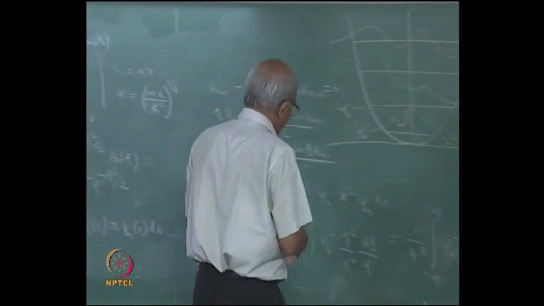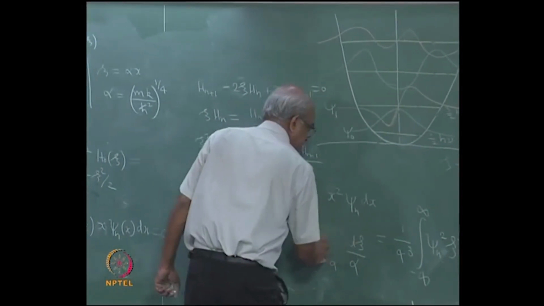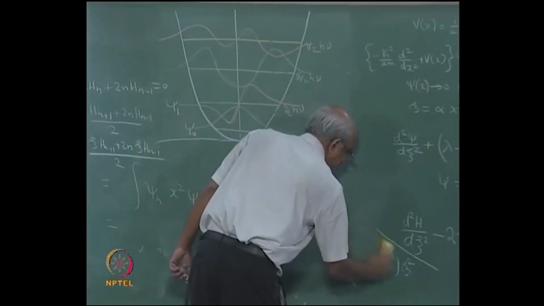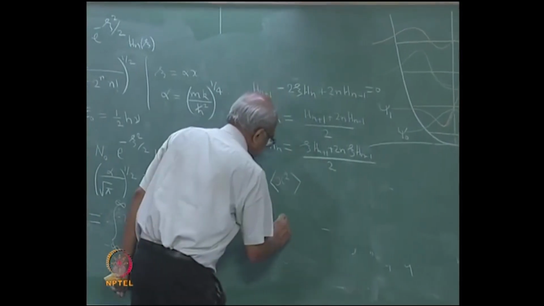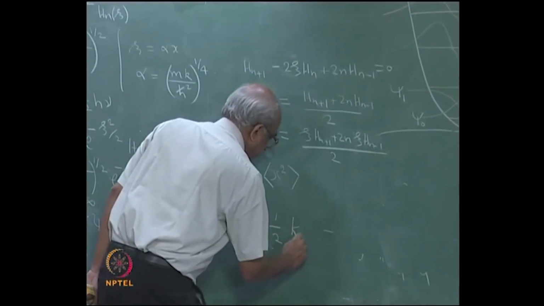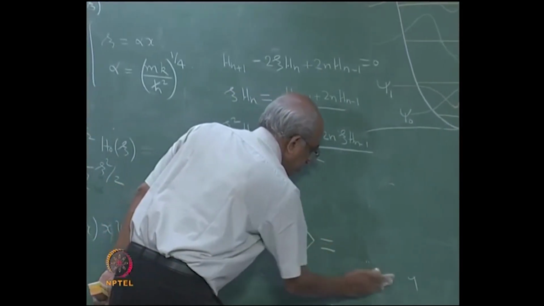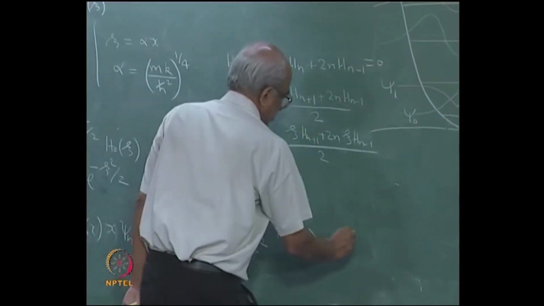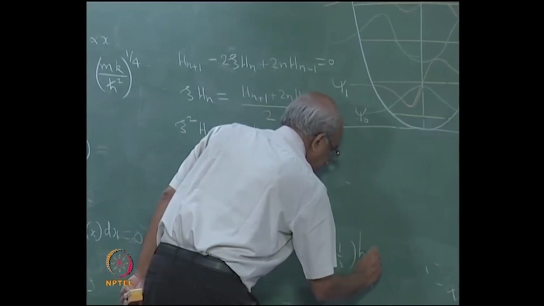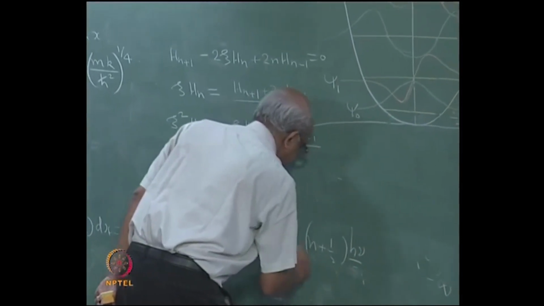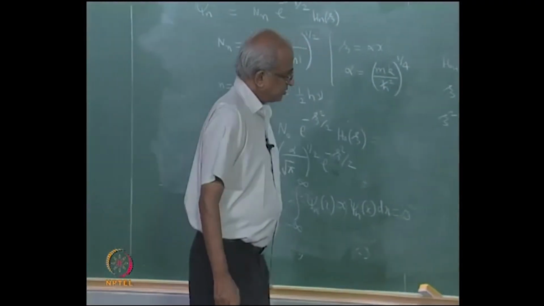I think I have spent enough time on the harmonic oscillator, so I am not going to evaluate this, but the answer is actually the following. In fact, the answer can be written in this form: half k x square average is equal to n plus half h nu divided by 2. That is the way in which you can write this.